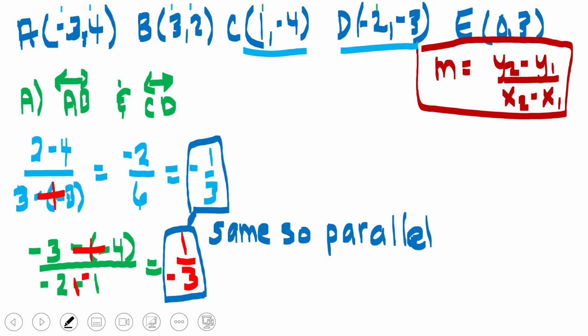We'll keep referring back to our slope formula and our points as needed, A, B, C, D, and E. We're asked to find if the line AE is parallel or perpendicular to the line BC.